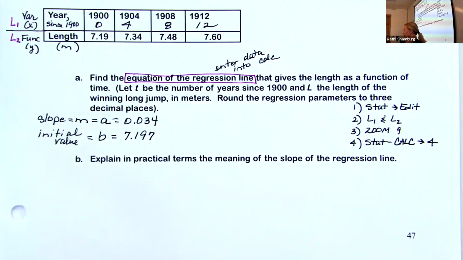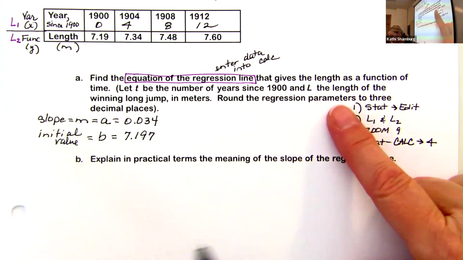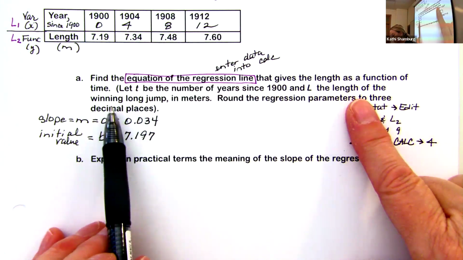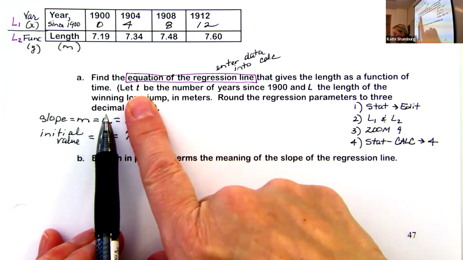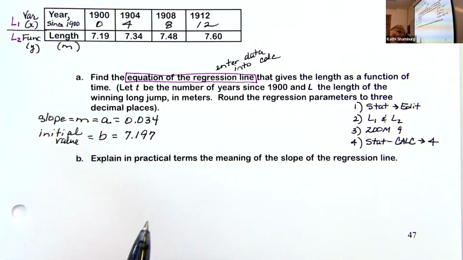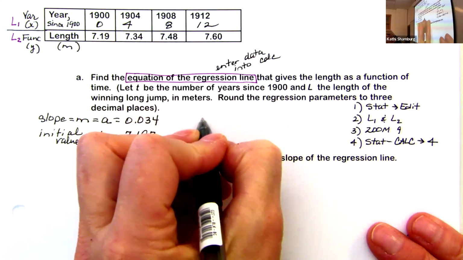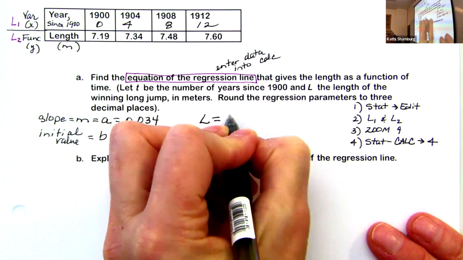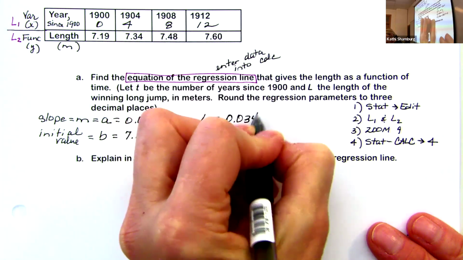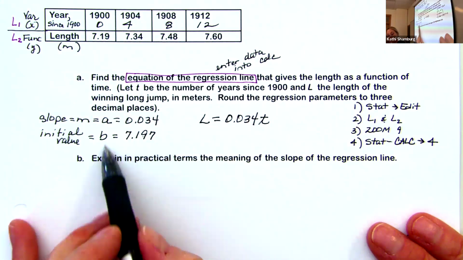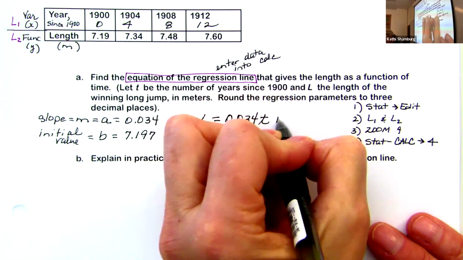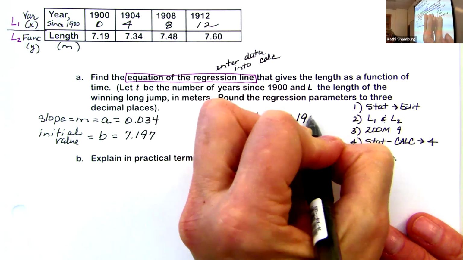Okay, so now I have all the pieces, okay? Now notice that it did say that the length is, so that's using L, and T is what is being used for the variable, okay? So my function is L equals slope times variable T. And then my initial value is positive, so plus 7.197.